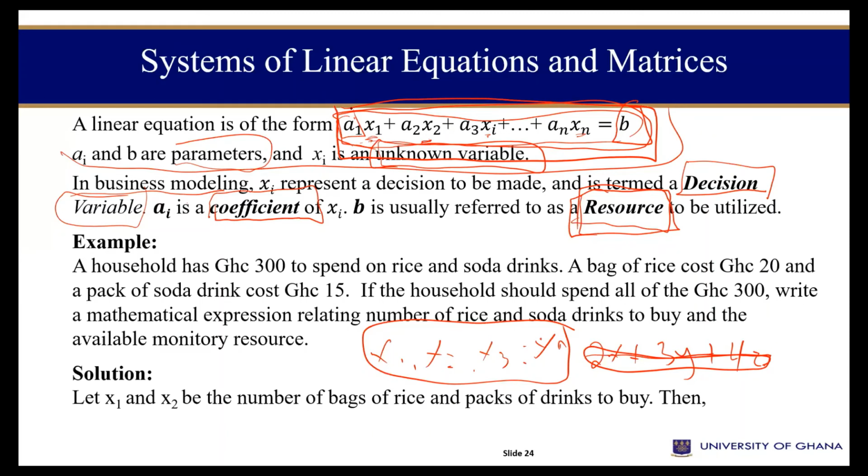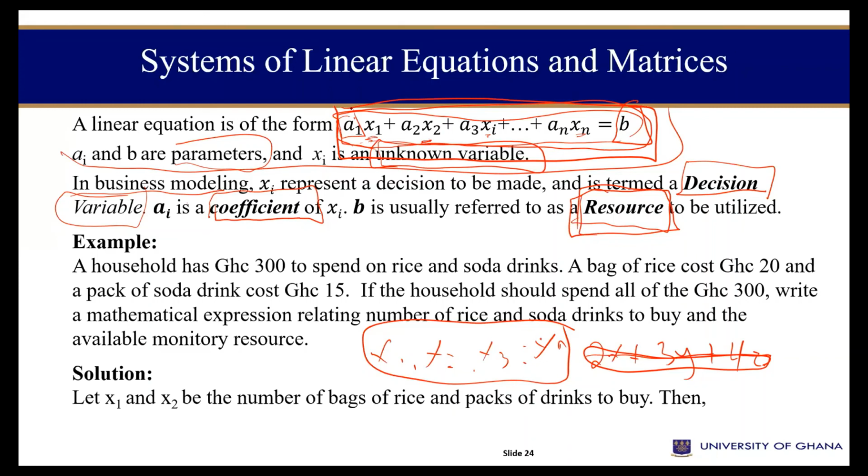So your parent gave you 300 Ghana cedis to go and spend on some items. Let me say those items, you have rice and what? Soda drinks. You go to the mall and you are told that a unit price or a unit cost of a bag of rice is 20. And a pack of soda is also what? 15. This is simple.